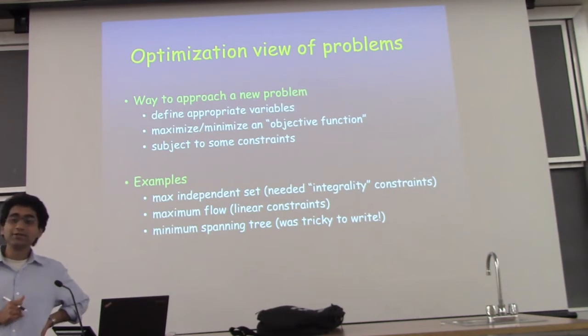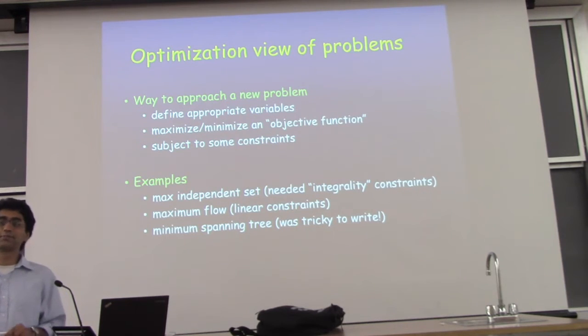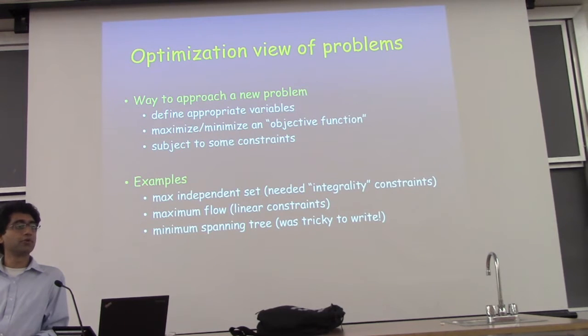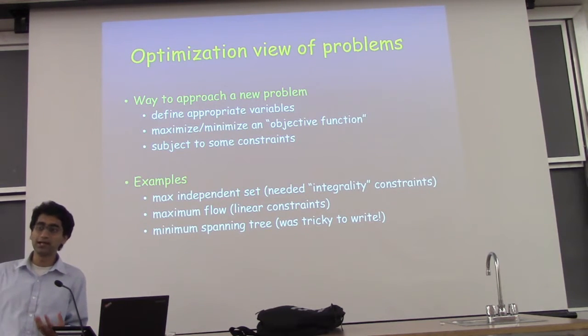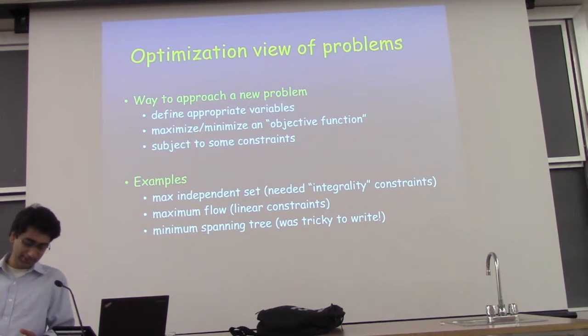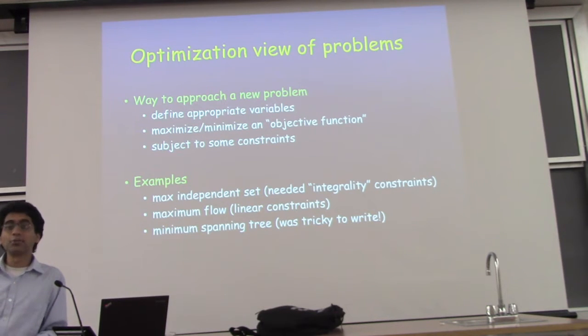Alright, so what we started last time was this pretty powerful notion, which is thinking of various problems we want to solve as optimization problems. We saw several examples, where the idea was you have some problem, let's say max independent set, and you try to phrase it as an optimization problem.